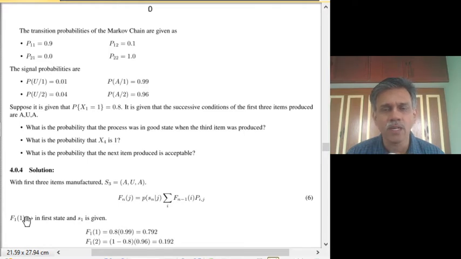There are only 2 quantities we have to find out at the first time, 2 probabilities, F11 and F12. At the first time, whether it is in a good state or in the bad state, the item being manufactured is acceptable. That is known or given. So what is F11? That is the probability that the machine is in state 1 and it produced a good item.